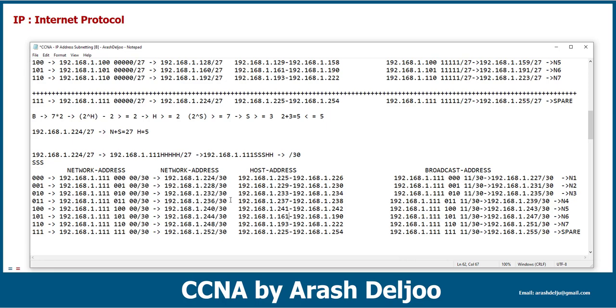You can use calculators for this, but it's better to do it yourself, because this is one of the abilities that you need for maintaining the network and for troubleshooting the network. The next networks, 245, 246, and after that 249 to 250. And the last network has the hosts 253, 254.